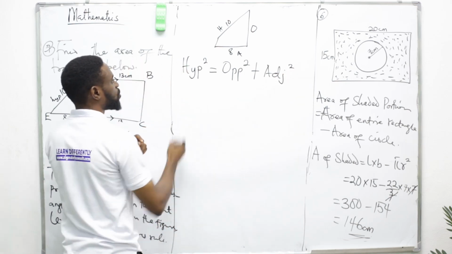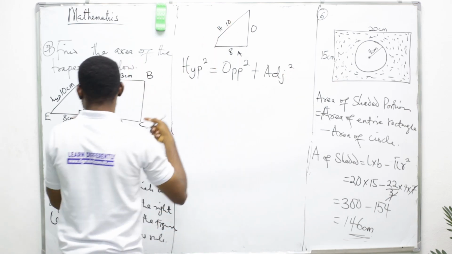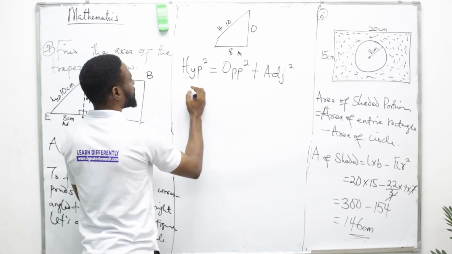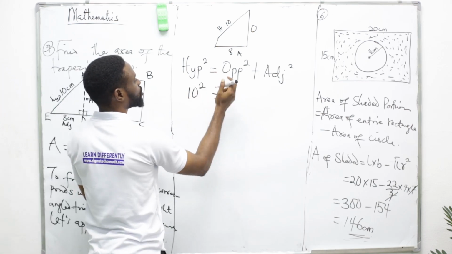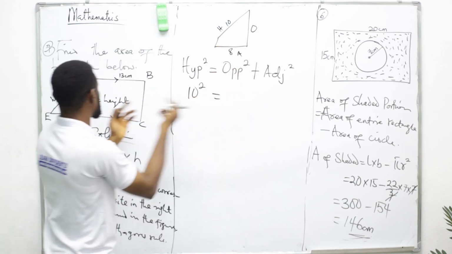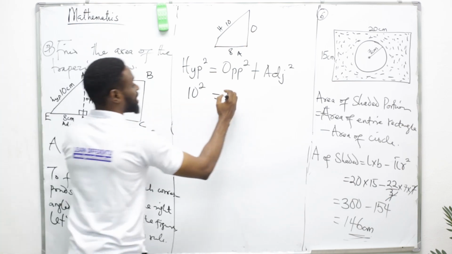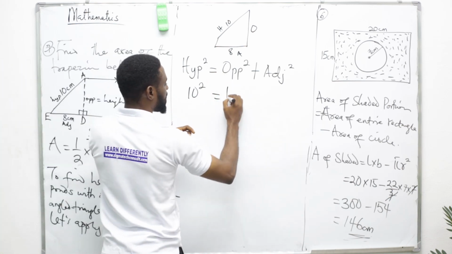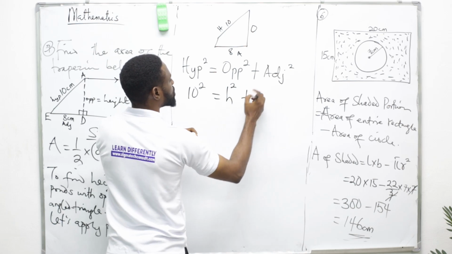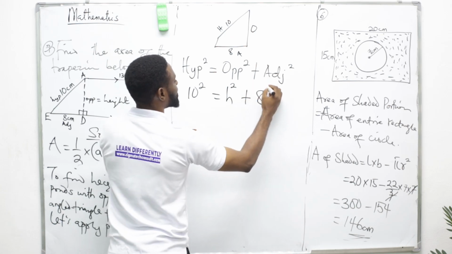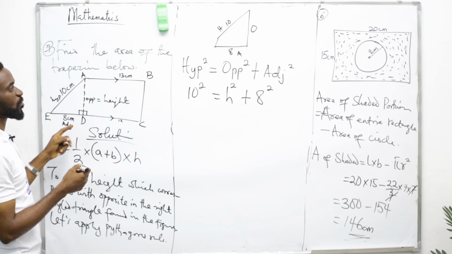Do you get that? So when we put these figures inside, hypotenuse 10 squared is equal to opposite squared, which is also our height. So let's put opposite as height, which is h squared, plus adjacent squared, which is 8 squared.